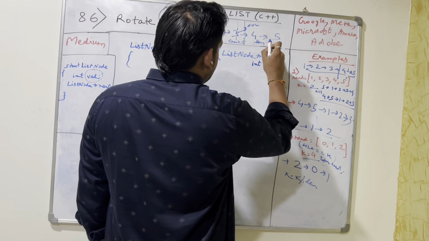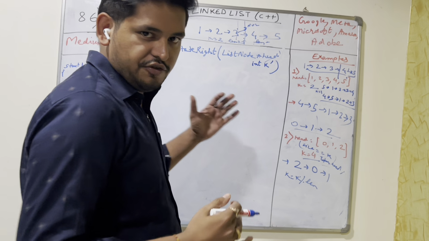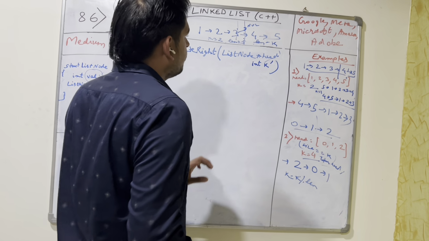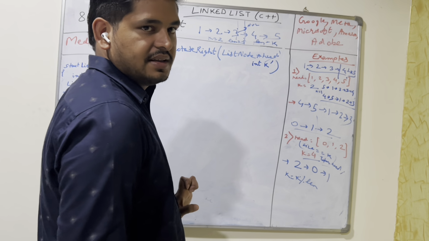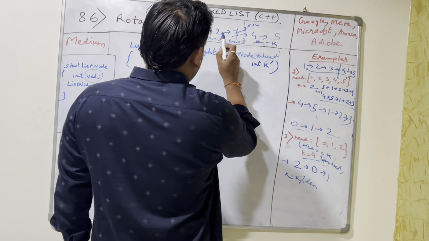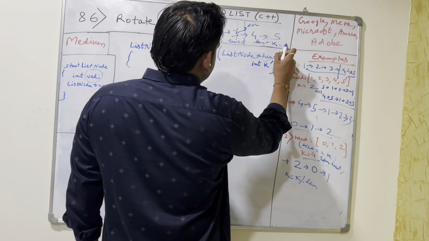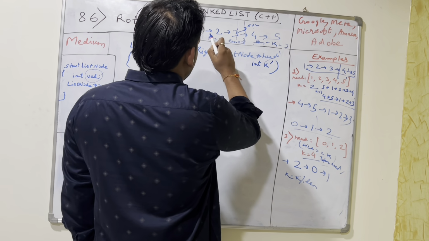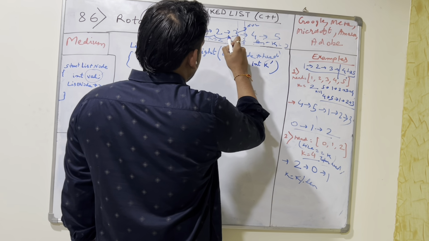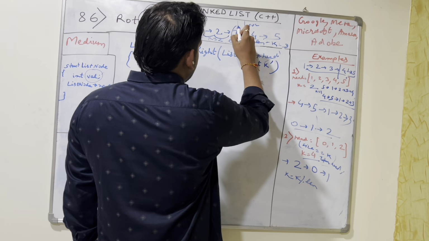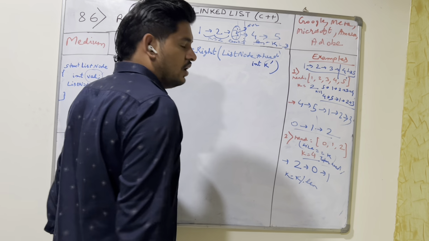So we find the length of the linked list. We have already done it in a few questions. And then we subtract k: length minus k, and we reach over here, which is 3. To reach 3, we have to traverse 1 time, 2 times; if it is less than 3, we are already here. Now we can point this one to null.